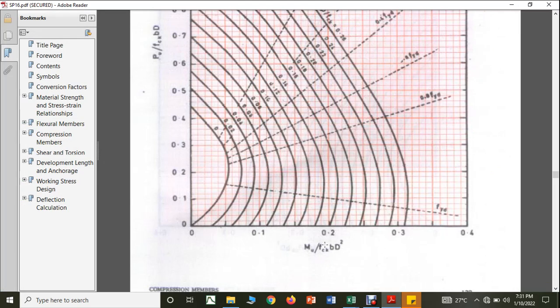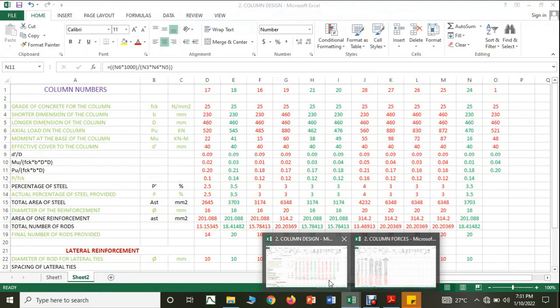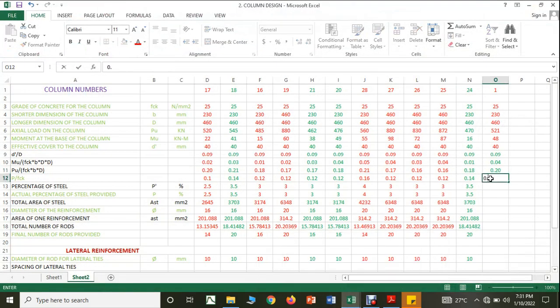That comes out to be 0.14%, so the steel percentage is 3.5. I'm going to maintain 3.5.